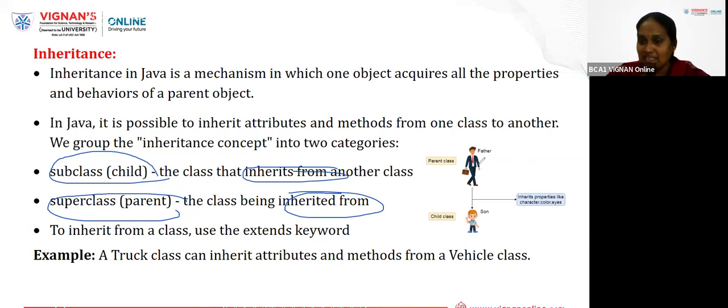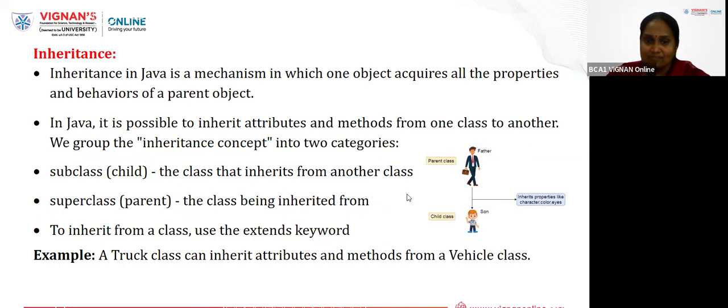Now here you can see a father and son. Son is to be called the child class or subclass. Parent is to be called the superclass. He can acquire properties such as character, color, eyes, different features from his father, right? That is to be called as inheritance, right?